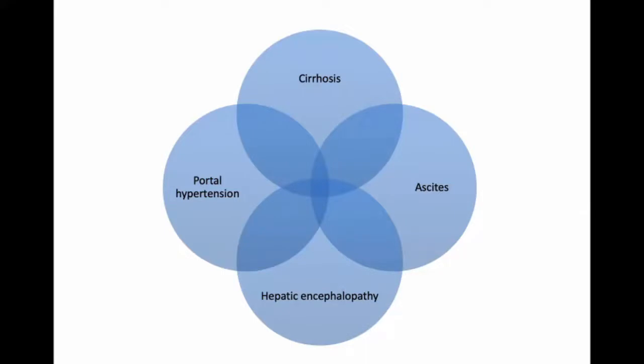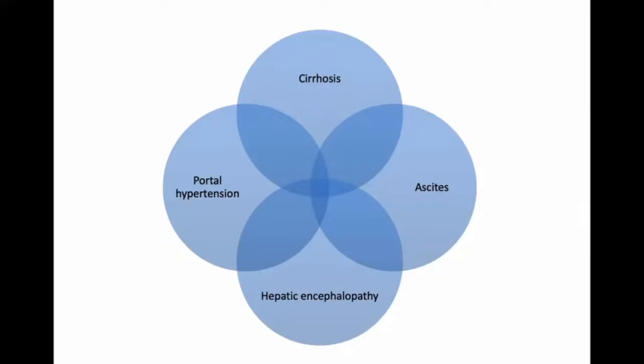So it's a common end stage, just like chronic kidney disease or chronic heart failure or dementia and so on. And when cirrhosis happens, the other three are common complications: portal hypertension, ascites, and hepatic encephalopathy.